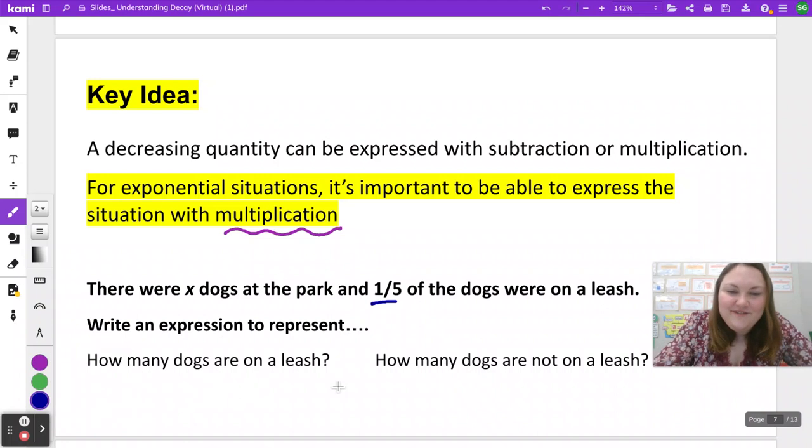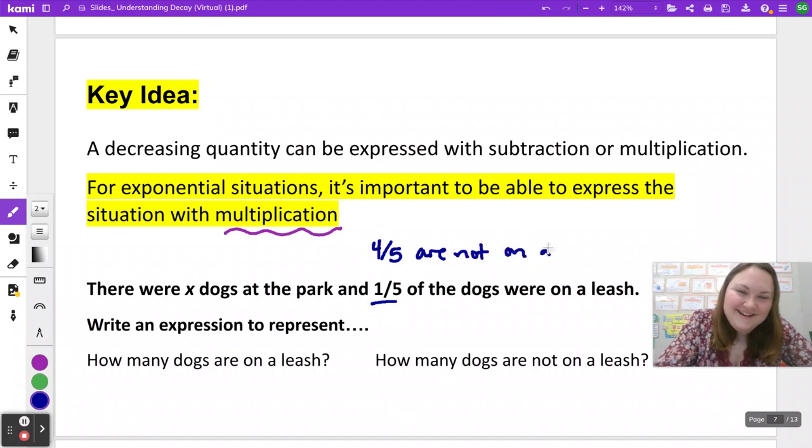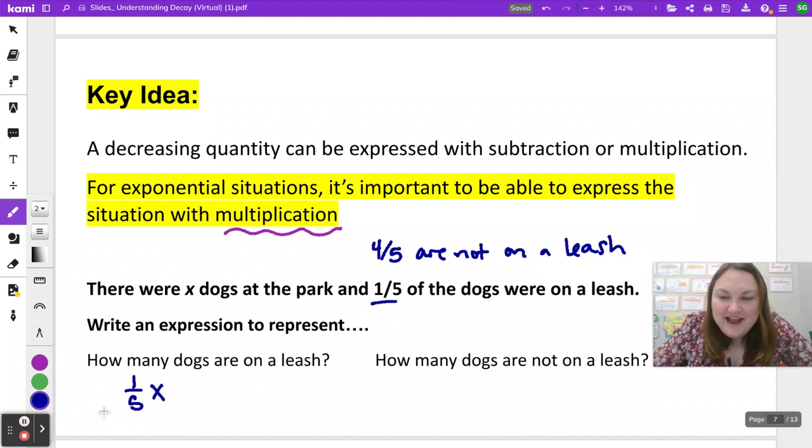If we know 1/5 of the dogs were on a leash, that would mean 4/5 are not on a leash. And so if I wanted to find the number of dogs on a leash, I would take my 1/5 and multiply it by X. That would tell me how many dogs are on a leash. And if I want to know how many dogs are not on a leash, I'm taking that matching fraction, 4/5, and multiplying 4/5 by my number of dogs. That would tell me how many dogs are not on the leash.